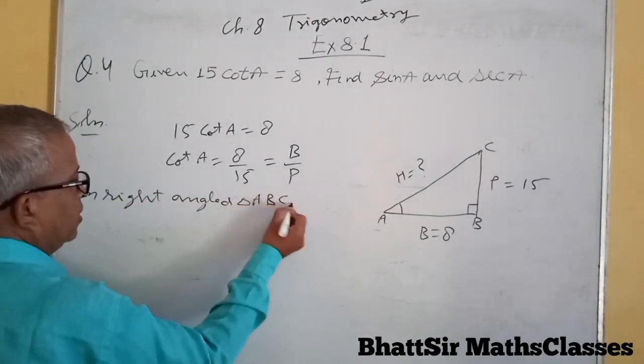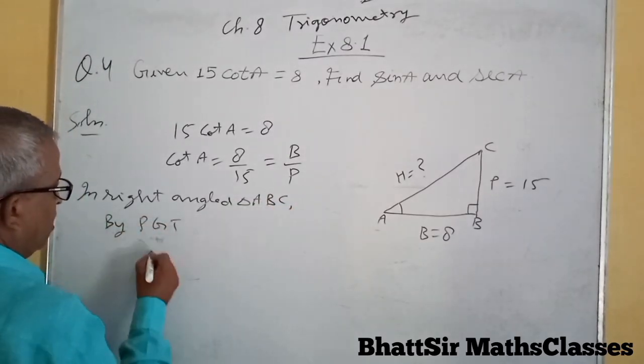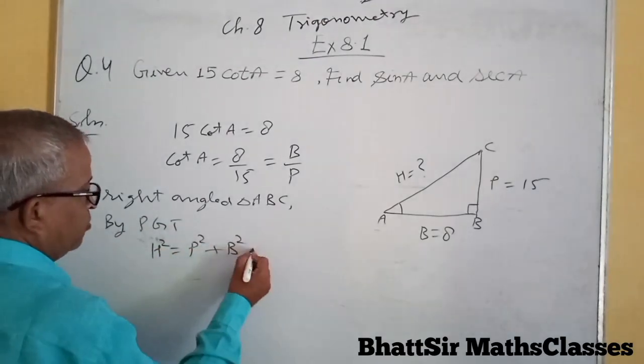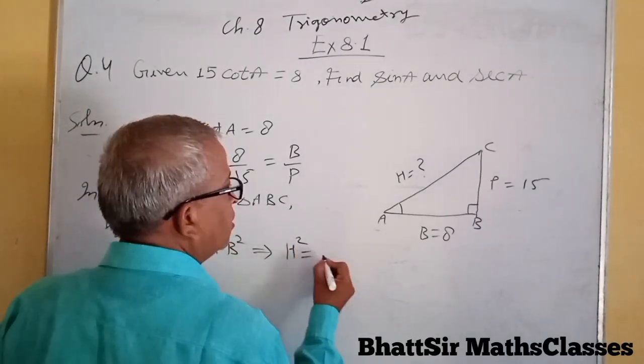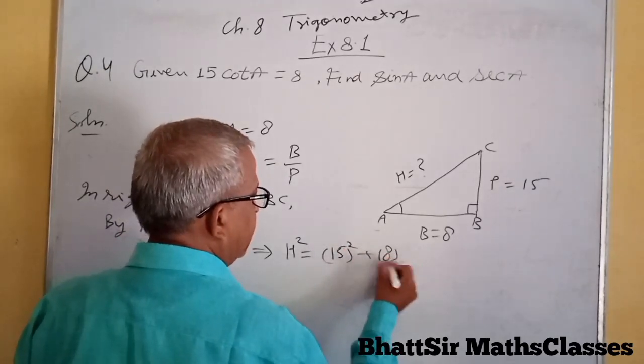In right angle triangle ABC, by PGT, H square equals P square plus B square, implies that H square equals 15 square plus 8 square.